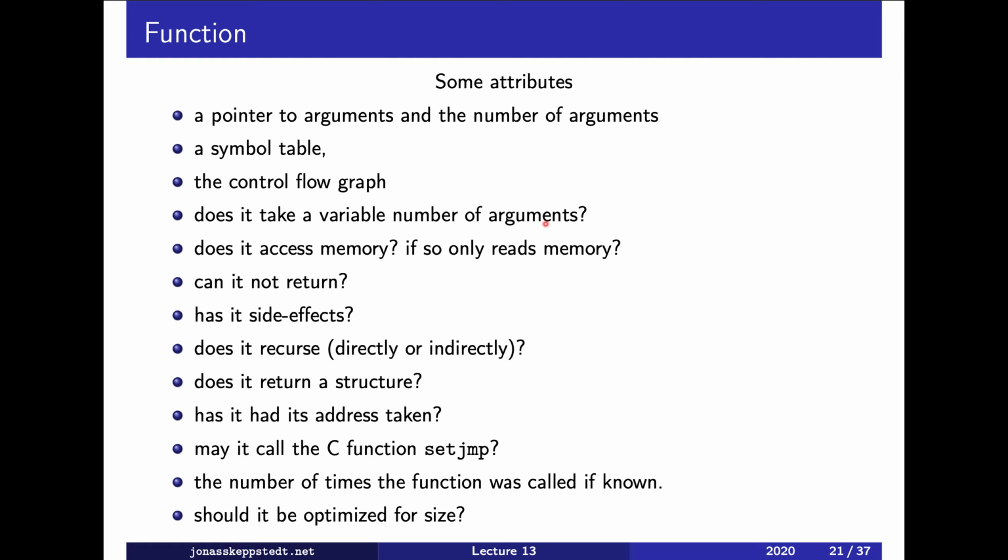I will make some minor remarks, such as if the function has a variable number of arguments, then some arguments are passed in registers and others on the stack. And it is during the execution that the function can figure out how many arguments there are.